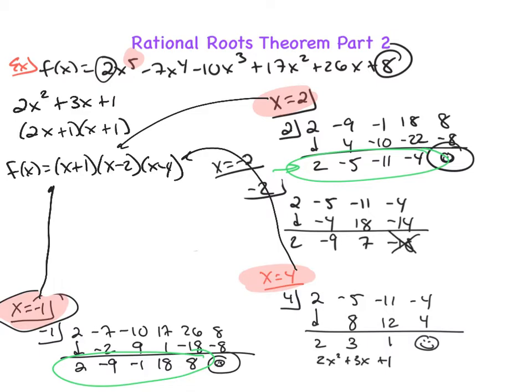Let me clear up a little bit more room. Oh, and this is quite messy. So I apologize. Let's see, we had x minus 4, 2x plus 1, and x plus 1.